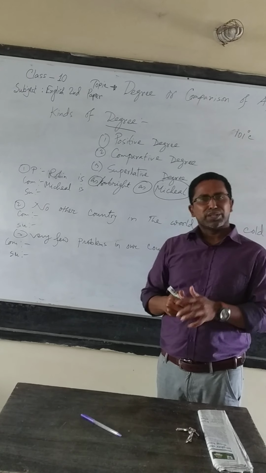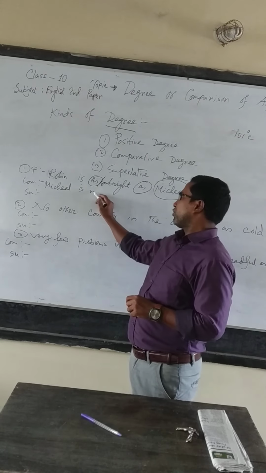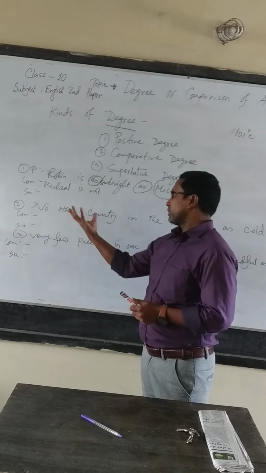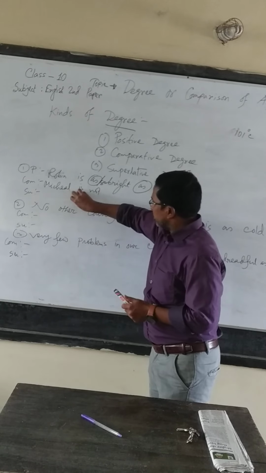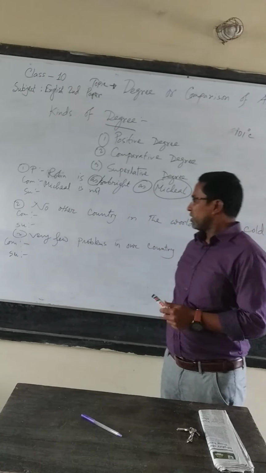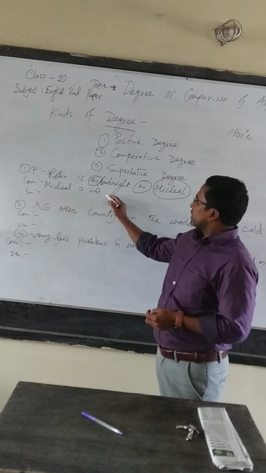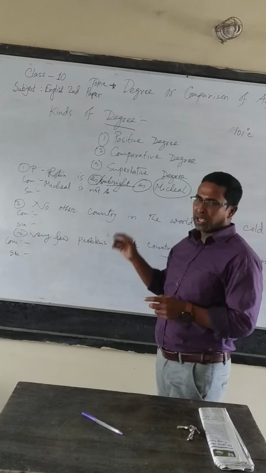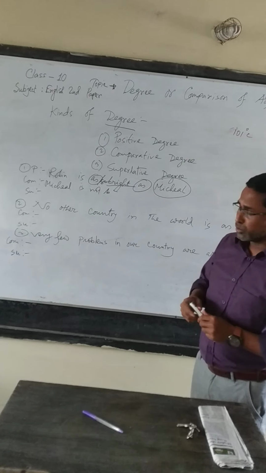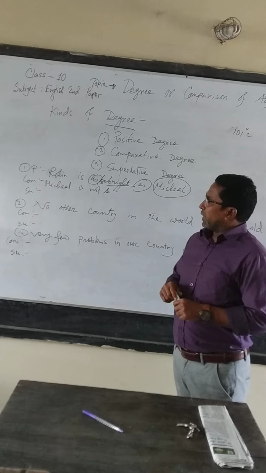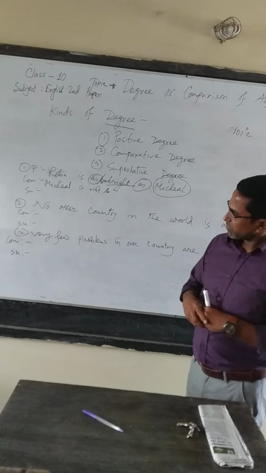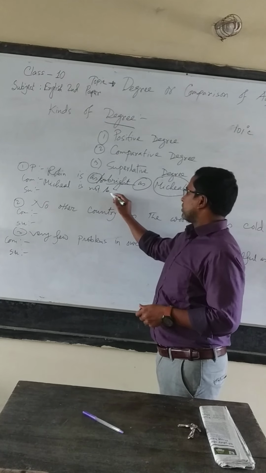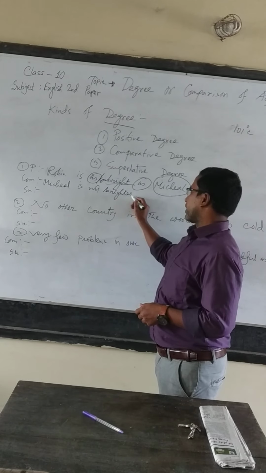To make the negative sentence, we have to take the help of not. After is, or after an auxiliary or whatever, it may be a principal verb, after the verb we have to take not. Then the comparative form of the adjective as per the rules that I gave you in the last class. So Michael is not, the comparative form of bright is brighter.